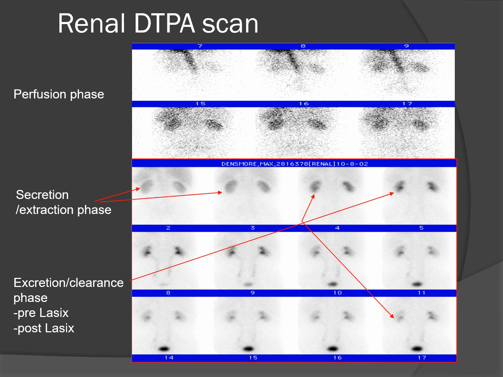We want to see the function of the kidney, if there is any obstruction at the level of the PUJ, pelviureteric junction, or VUJ, vesicoureteric junction, and we can also calculate the glomerular filtration rate by drawing the region of interest in the workstation.